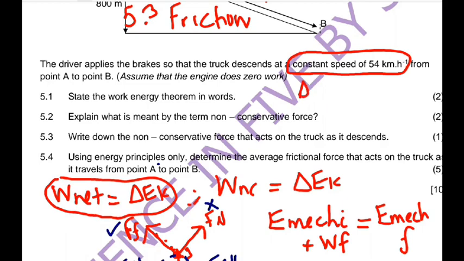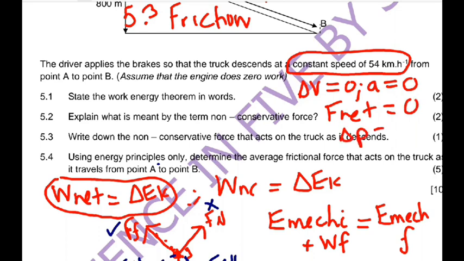In a straight line, constant speed means change in velocity is zero, acceleration is also zero, the net force is also zero. You can even add and say the change in momentum is also zero. The change in the kinetic energy is also zero.